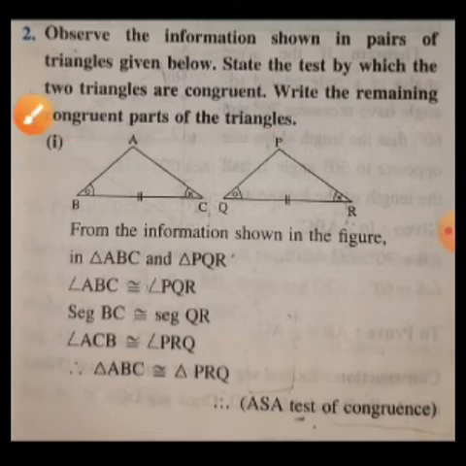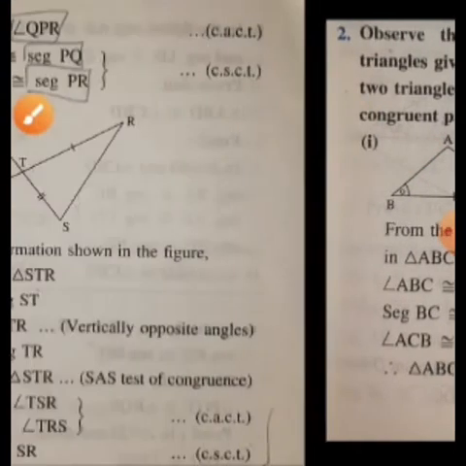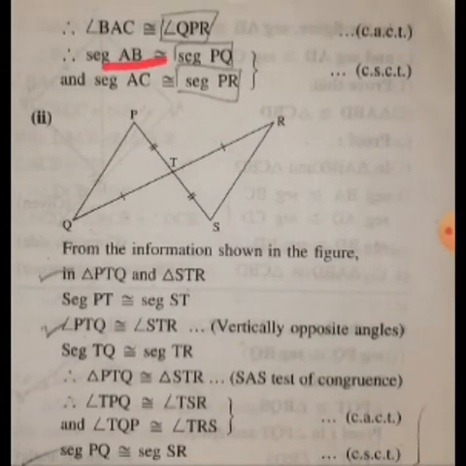So which are the remaining congruent parts? AB is congruent to PQ and AC is congruent to PR. So here we can write AB is congruent to PQ and AC is congruent to PR.